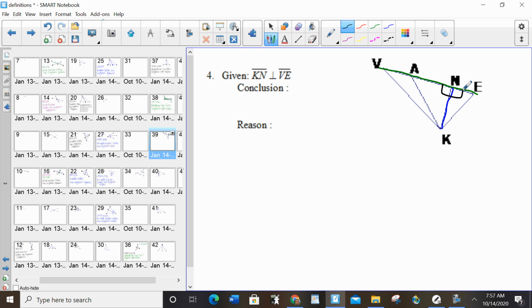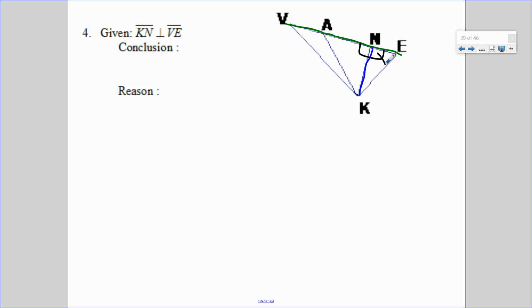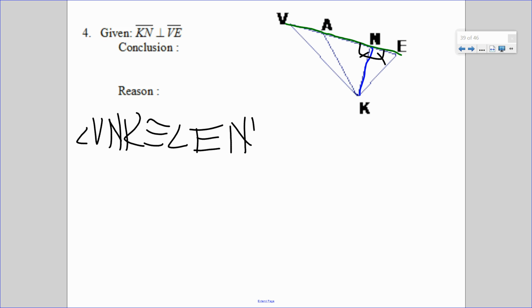That A in there is just to mess you up. The right angles are where the perpendicular lines intersect. So N is the vertex, so N must go in the middle for each of them. I'm going to call it VNK is congruent to ENK. Again, there is more than one correct way to name the angles, but N must be in the middle for both of them.